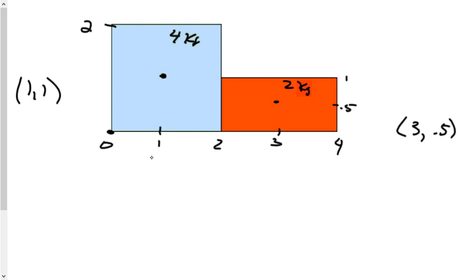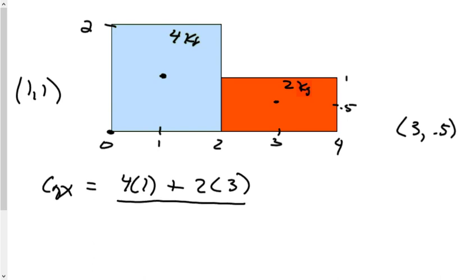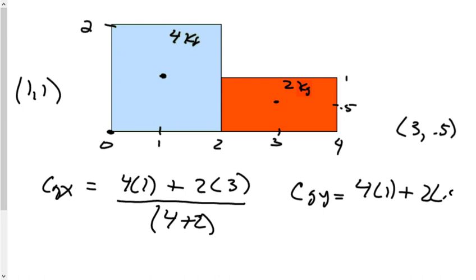If I want to get the center of mass of this whole object, I'm going to multiply. Let's do center of gravity in the x direction. That's going to equal 4 kilograms multiplied by 1 plus 2 kilograms multiplied by 3, all divided by 4 plus 2. Then center of gravity in the y direction is going to equal 4 times 1 plus 2 times 0.5, all divided by 4 plus 2.